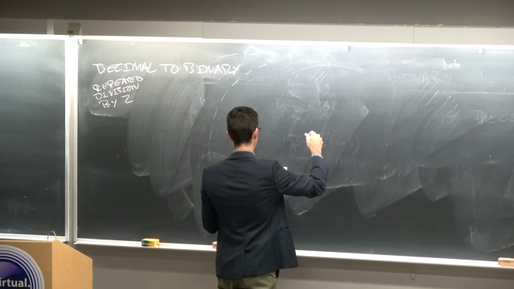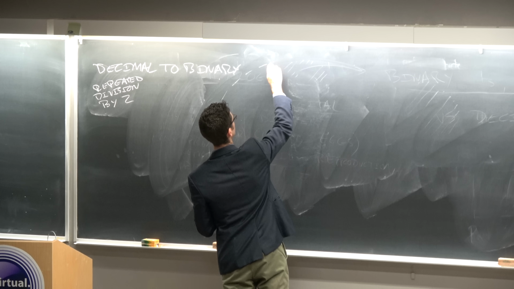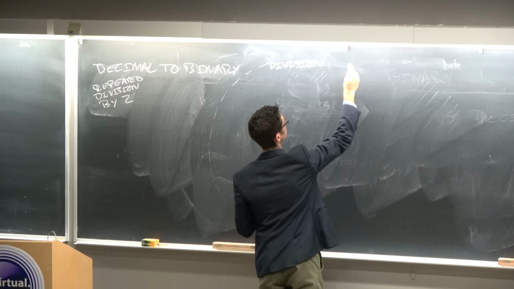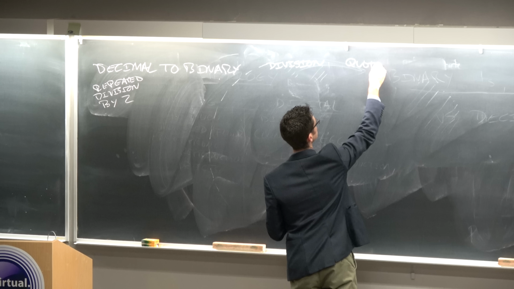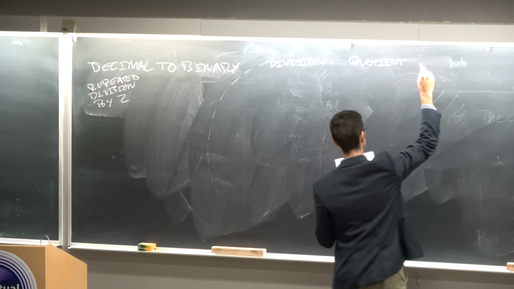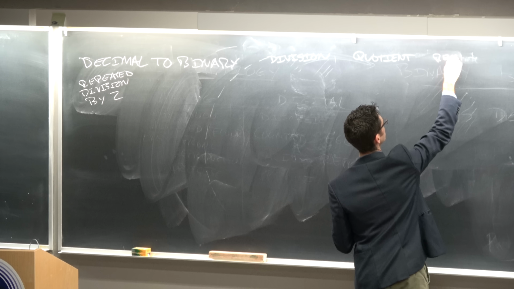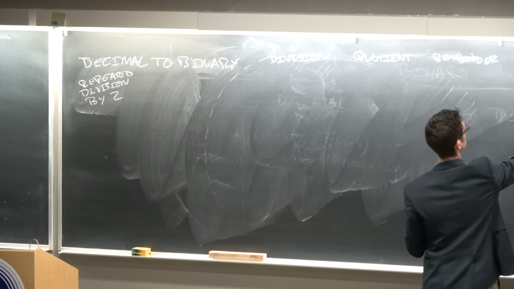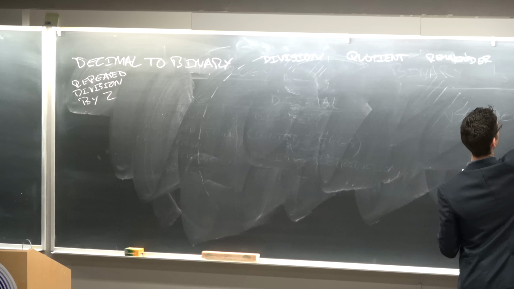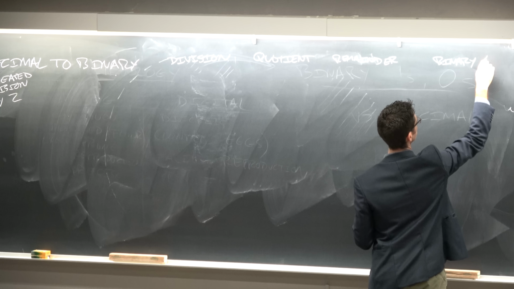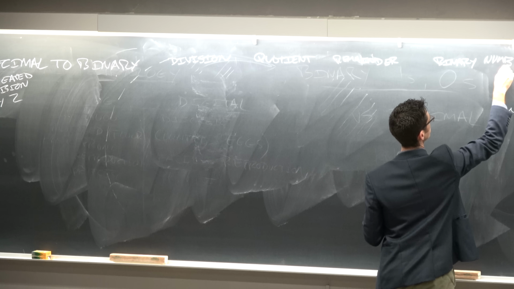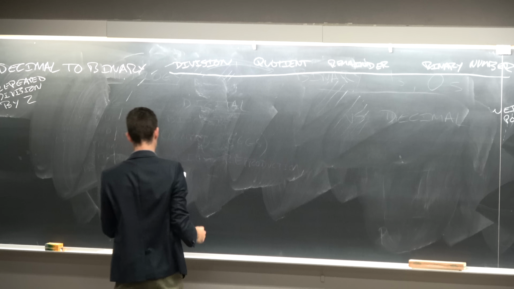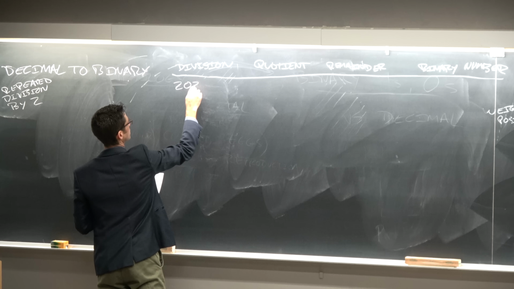So let's make a table: division, quotient, remainder, and then the binary number. So we'll go back.